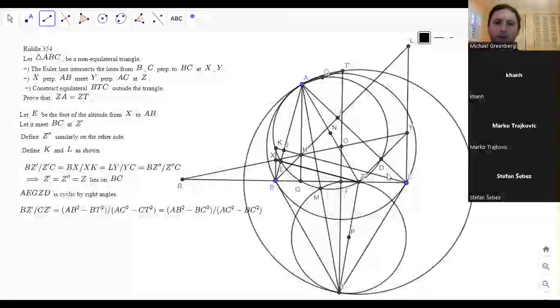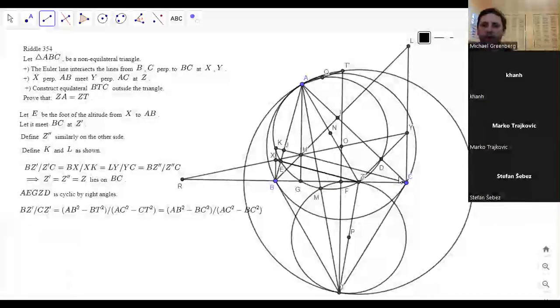When you divide the two, I think you just get BX over CY. Is it true that RB over RC is BX over CY?